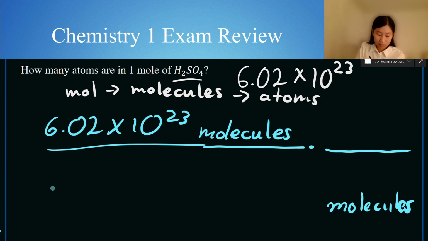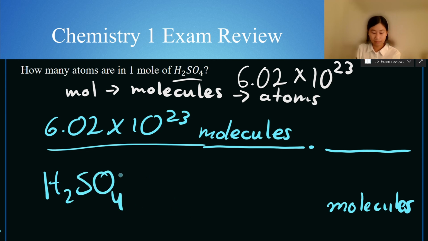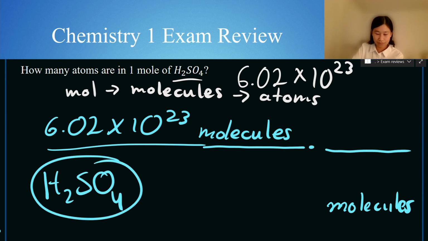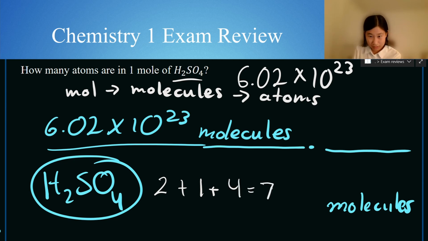So in one molecule, okay, so one of these things, how many atoms are there? Just taking this, we have 2 atoms of hydrogen plus 1 atom of sulfur plus 4 oxygen atoms. Okay, this is going to be 7 atoms in one molecule.